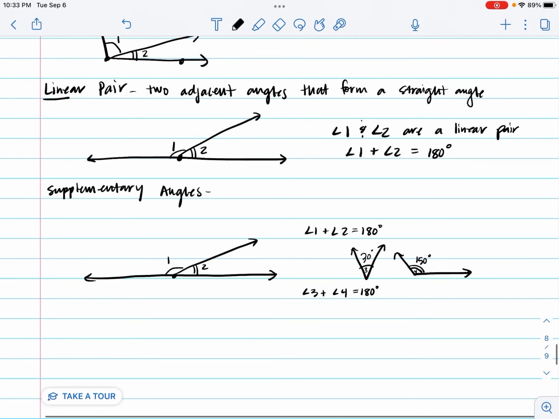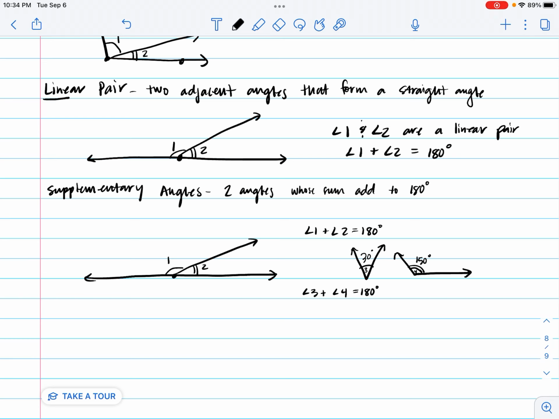So hopefully you caught on by these diagrams. Supplementary angles are two angles whose sum adds to 180 degrees.